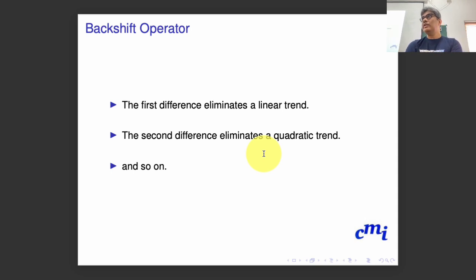You have to plot it and then check. You take the first difference and plot it. If the trend got eliminated, then you will see that it is stationary. But if it is a quadratic trend, it will behave like this, a quadratic trend will behave like this.